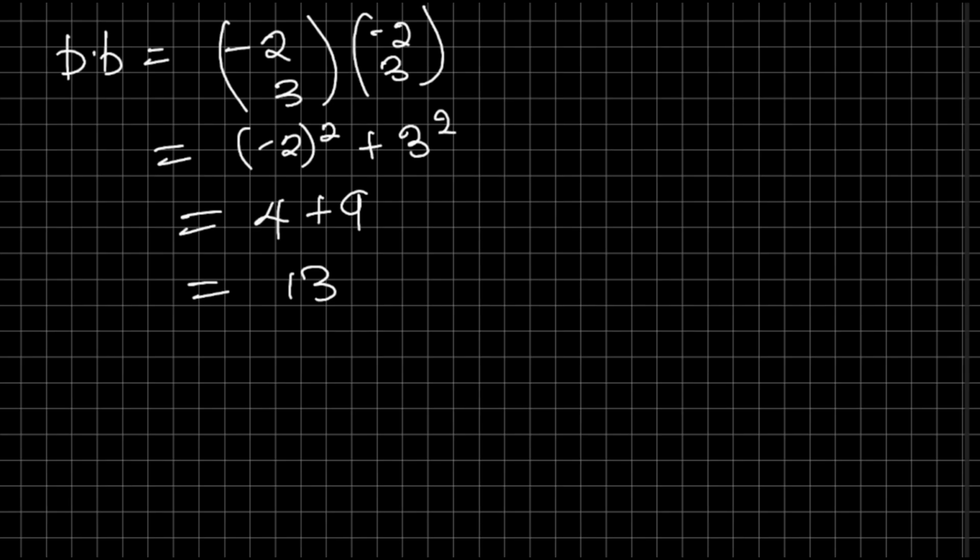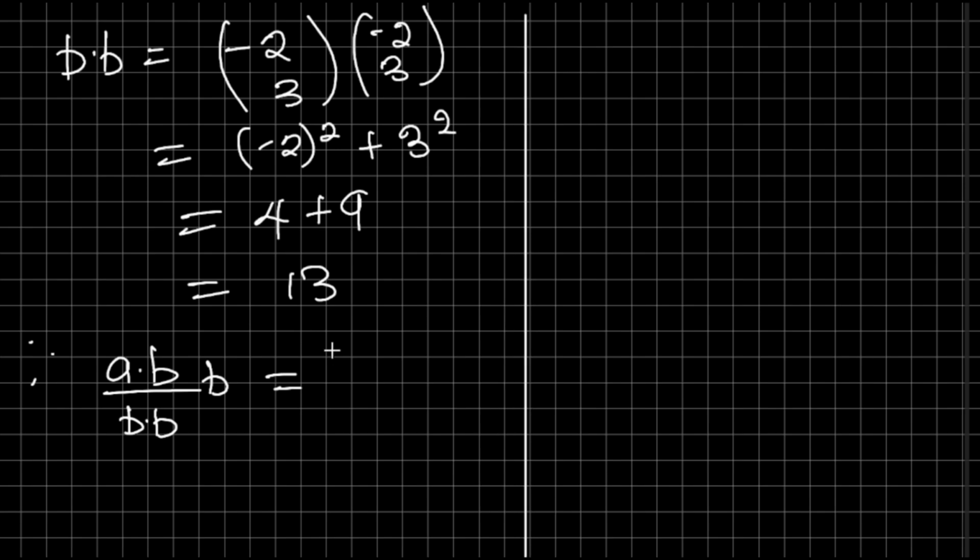Therefore A dot B all over B dot B multiplied by B will be minus 19 all over 13 multiplied by vector B, (minus 2, 3).